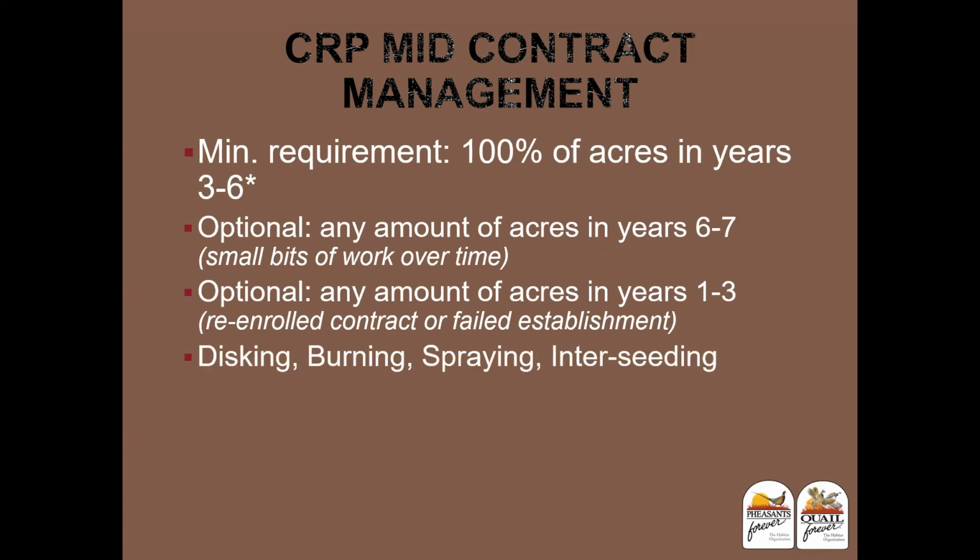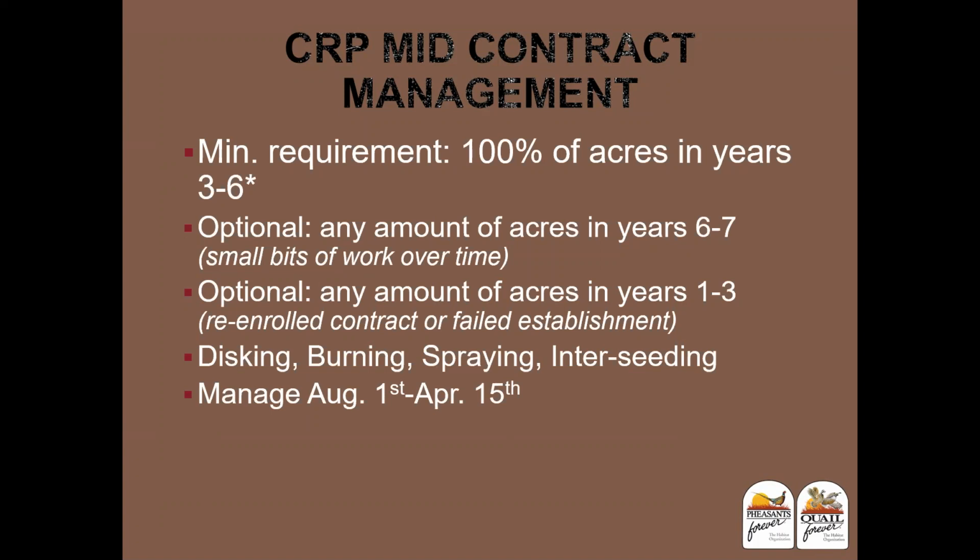And the options for grassland habitat that we're going to be talking about today are disking, burning, spraying, and interseeding. And be sure to know that all management has to be done between August 1st and April 15th, because from April 15th till August 1st is considered primary nesting season.